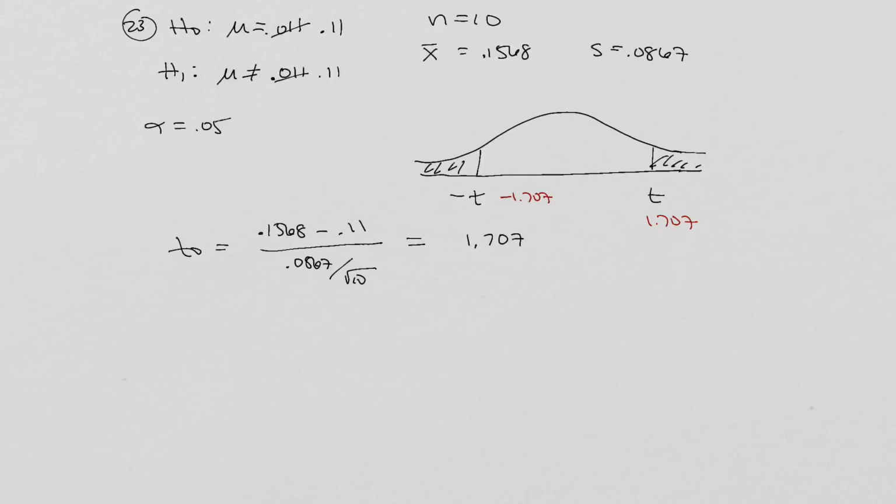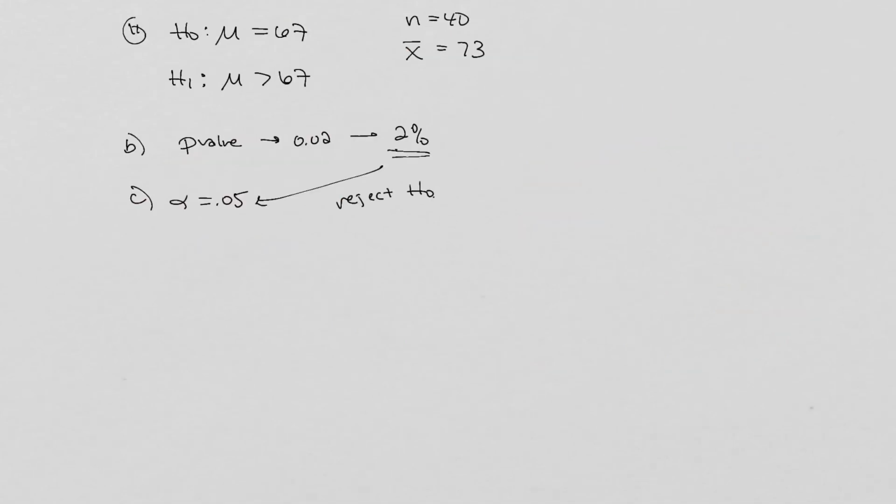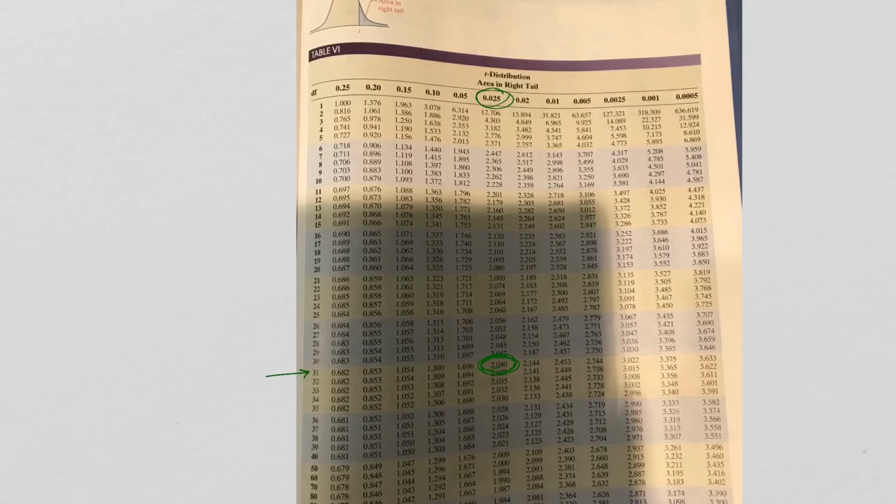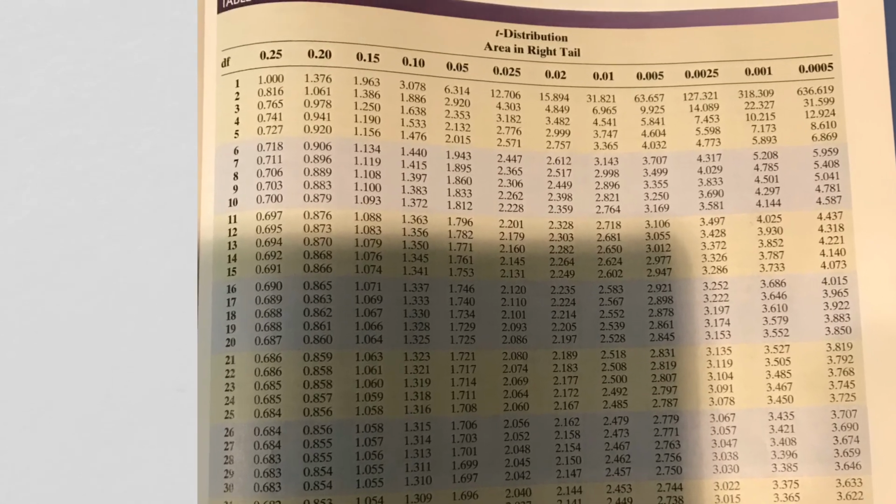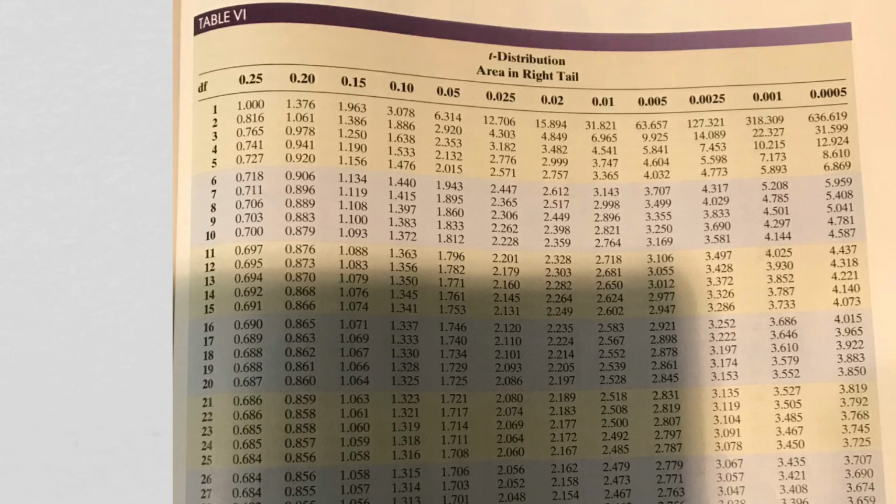Again, let's look this up on our charts where since n is 10, I know the degrees of freedom is going to be 9. So let's go to that particular line. All right. So my degrees of freedom is 9. My t-score was 1.707, which falls between these two scores. So the p-value falls between 0.05 and 0.10.